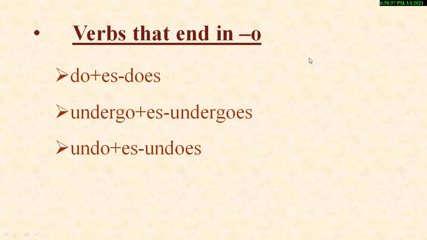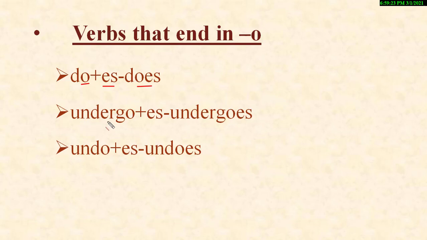Let's see the first verb that ends in o. Here we have the examples of some verbs and all these verbs end in o. We have the first verb do. You can see that do ends in o. So what should we do? We should add es with this verb. It becomes does. And does is a singular verb.